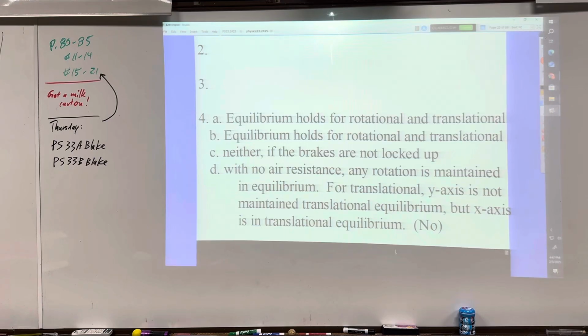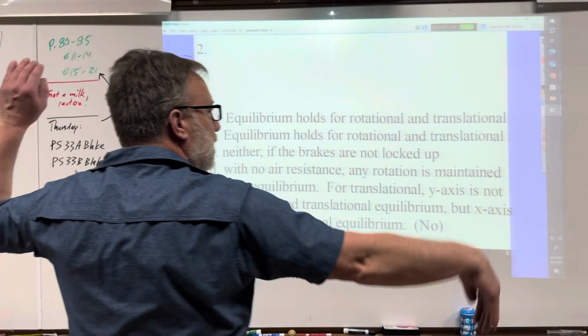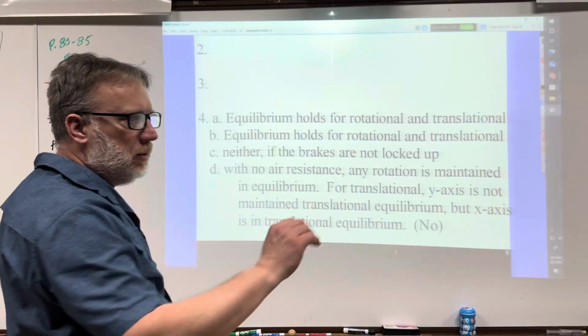Number 5, you've got a 40 Newton board with 2 kids on it. One weighs 510, the other one weighs 350. The support is under, the fulcrum is under the center of mass. And the 510 Newton child is 1.5 meters from the center. Where should the 350 Newton child sit to balance the system? So you have to make the torques equal.